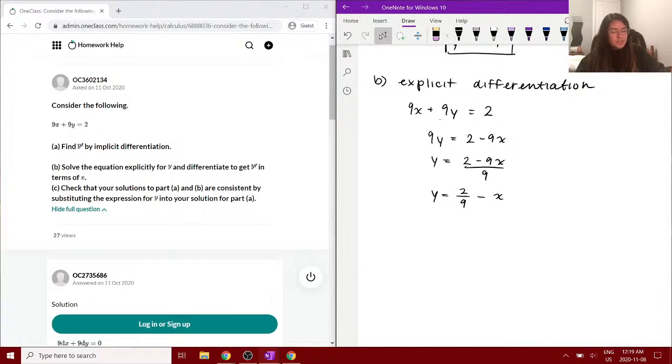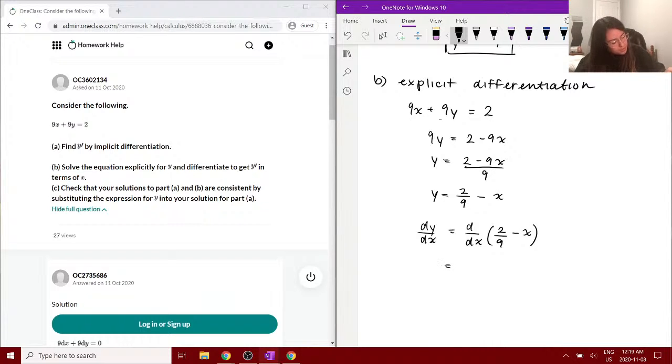Okay, so now it's a little bit easier, and we're going to take the derivative of this. So dy by dx, and let me write it out so it's clear. We have the derivative of 2 divided by 9 minus x.